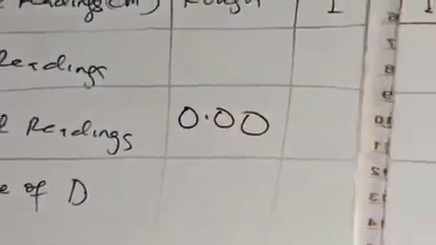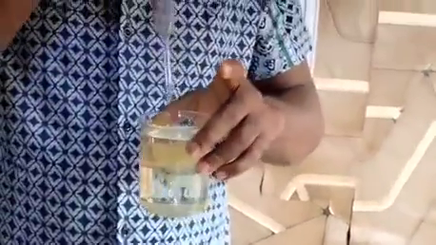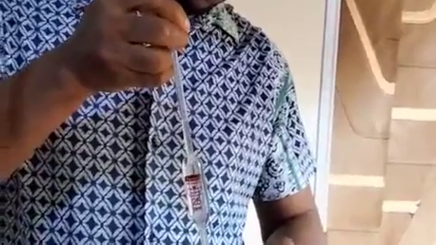The next we'll do is we pipette the base, and the base is your solution E. So this is your base. So you're going to rinse the pipette with the base, take it up, and then prepare the base. Then you adjust the pipette filler a little.